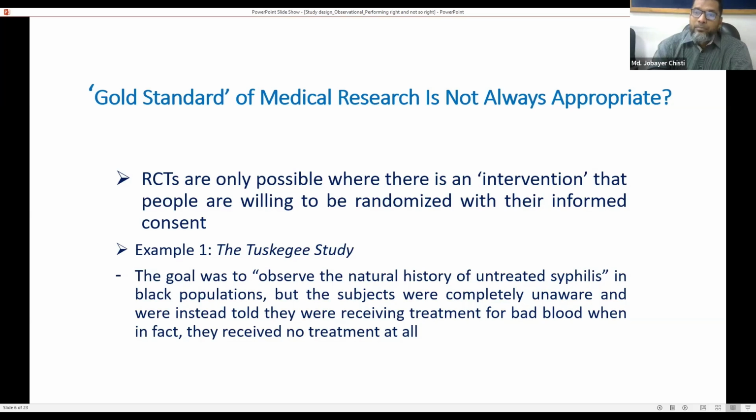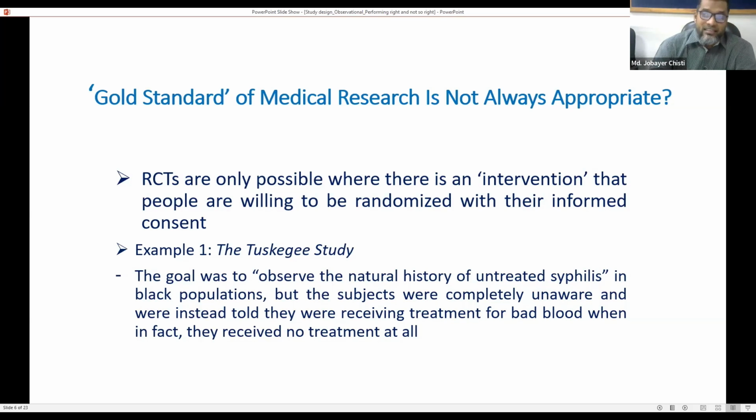My senior colleague, Dr. Joyashree, has already pointed out the ethical issues, and there are a lot of studies which were done previously, which were RCTs but were not done in the right way, that we need to discuss.